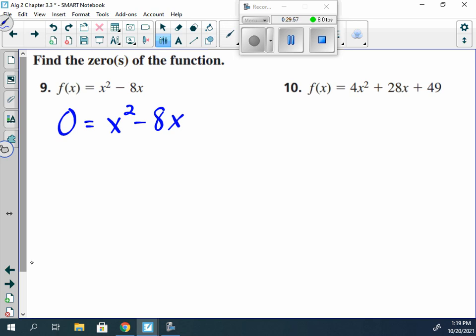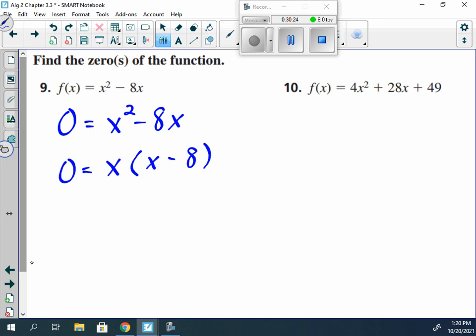Is there a greatest common factor between x squared and 8x? X. There's x in common. So we can factor it out. If I factor an x out of x squared, I'm left with x minus 8. So I can factor that x out.